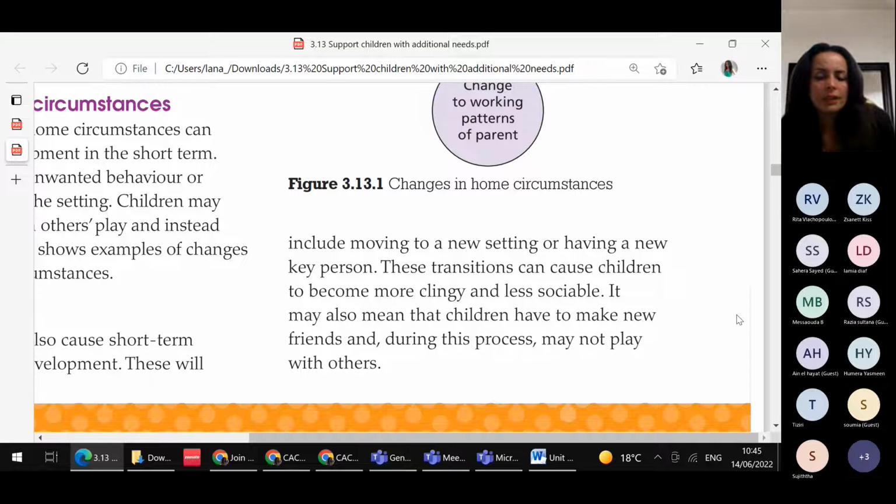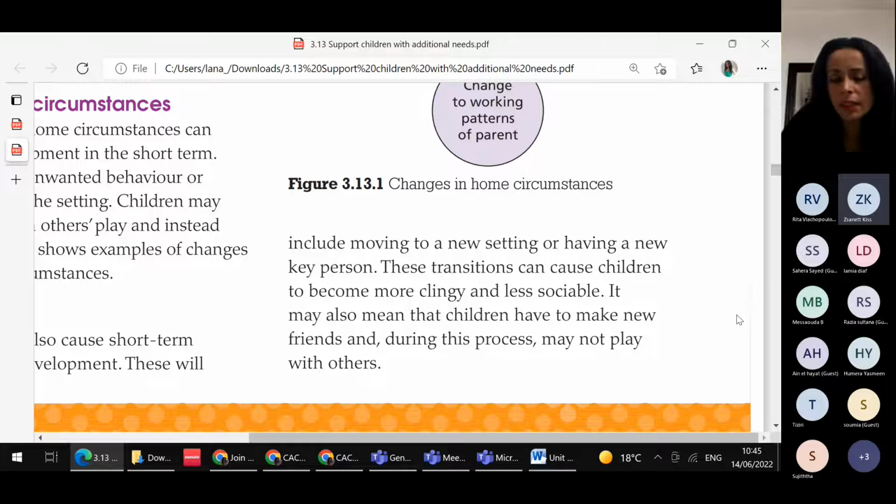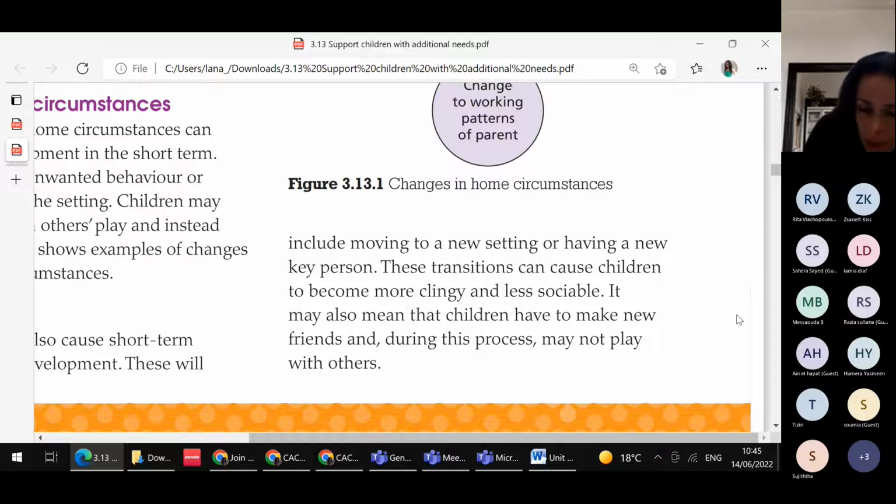Also, another transition, maybe anything could happen, like his teacher left the school, so all this would affect the child's development. So the child will become more clingy, less sociable.